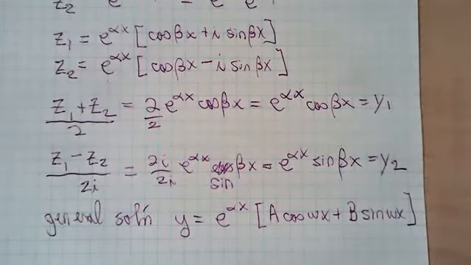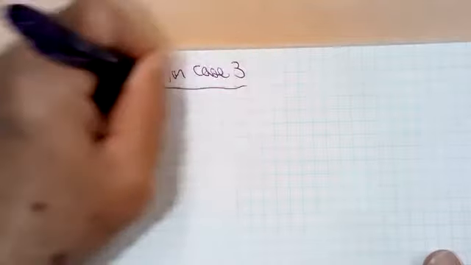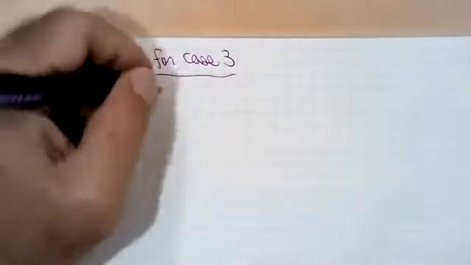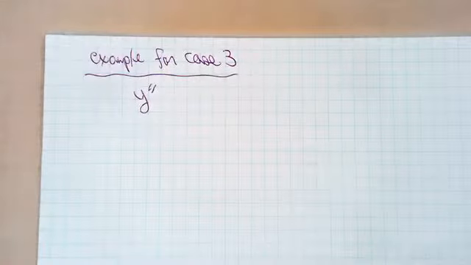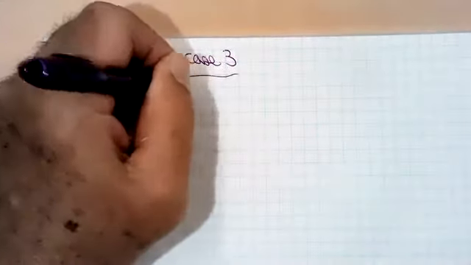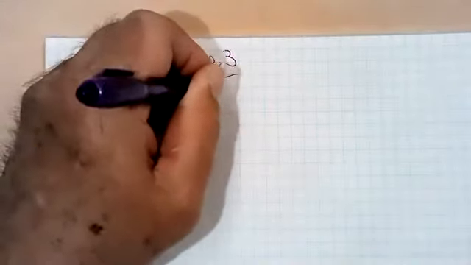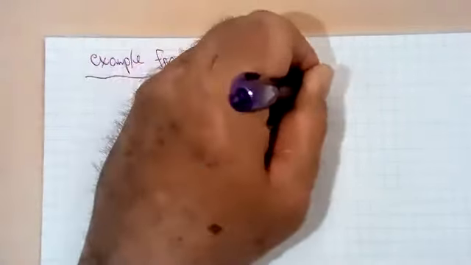Okay, so let's take this example for case 3. Y double prime, it's got to start that way. I worked out a couple ahead of time, so minus 6 y prime plus 36 y equals 0.